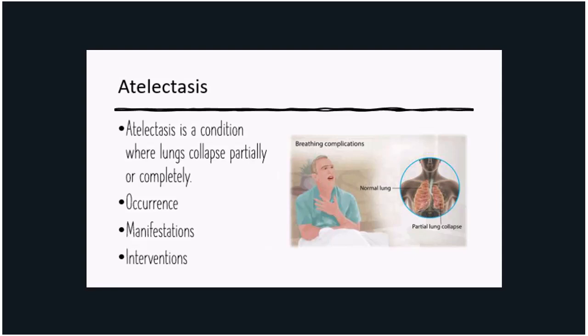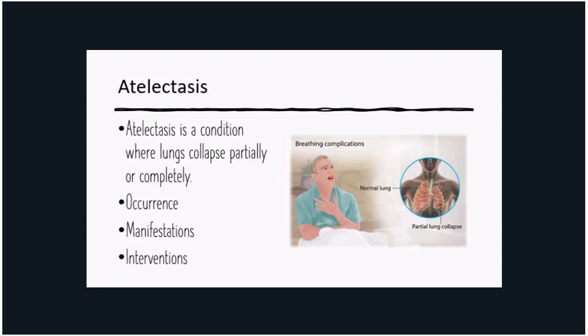So the first one is atelectasis. So atelectasis is a condition where the lungs collapse partially or completely. So the occurrence of atelectasis is within the first 48 hours. And so how it manifests itself in the patient is tachycardia, tachypnea, and shallow respirations.